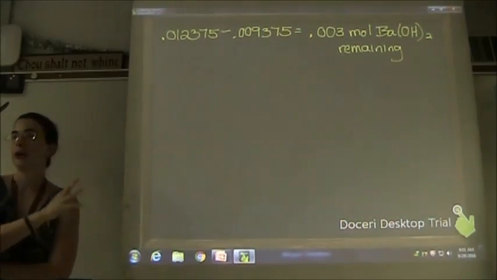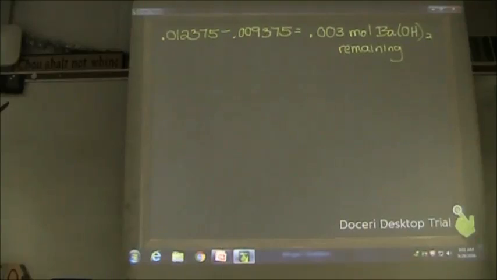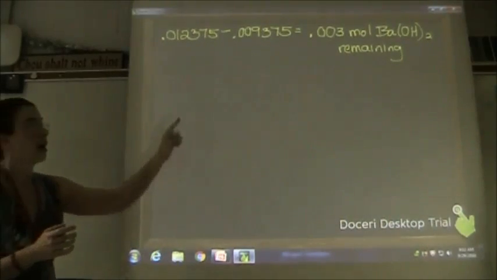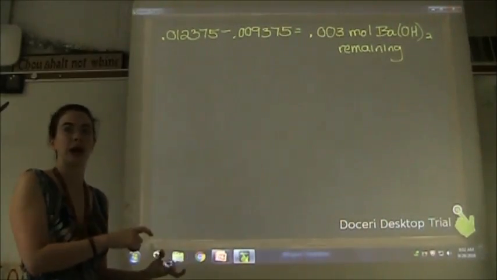Let me refresh your memory that this particular problem didn't say what is the molarity, what is the concentration of the excess barium hydroxide. It said, what is the molarity of the excess H plus or OH minus? In this case, I know it's going to be OH minus. The point is, I'm not in moles of OH minus at this point.